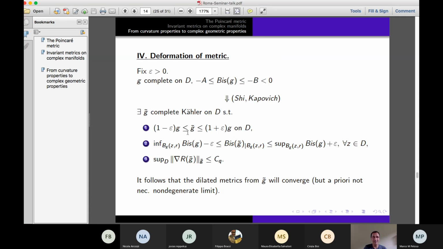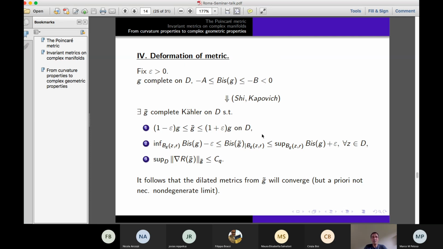So you will get exactly by point 1 the same assumption for the new metric G tilde. And so the dilated metrics will be comparable to the Kobayashi metrics, and so they will converge to something that is comparable to the Kobayashi metric on the limit domain.